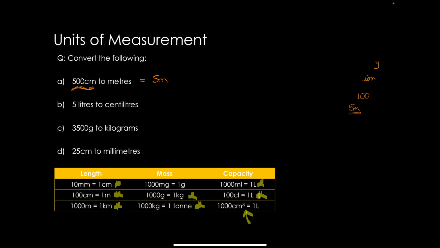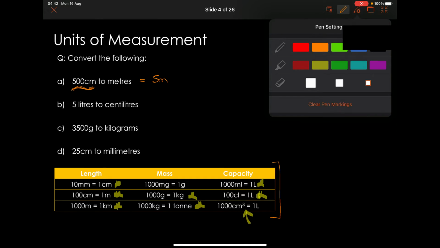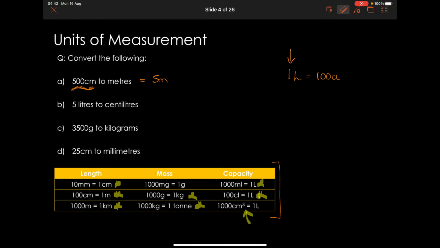So for question B, it says 5 litres to centilitres. Again, if we're looking at our diagram, it's saying that 1 litre is 100 centilitres. Remember, I told you must write the 1 this side, otherwise it doesn't quite work. I'm then going to draw my arrows that are clockwise, times at the top, divide at the bottom.